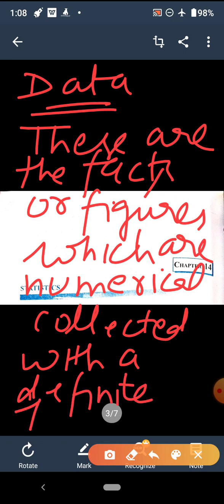Whenever we collect something for a definite purpose, it is called data. This word is very important: for a purpose we are getting figures, and those figures collected for a particular purpose are called data.